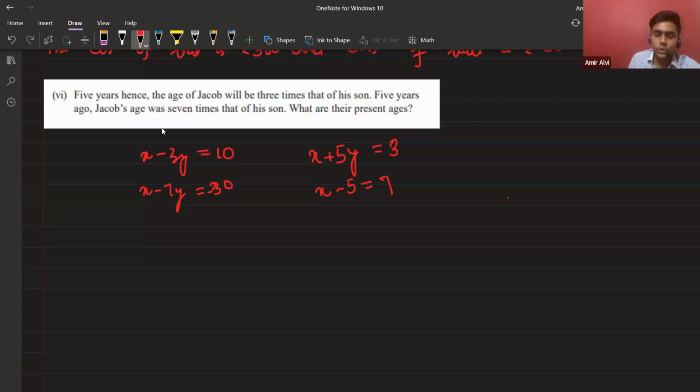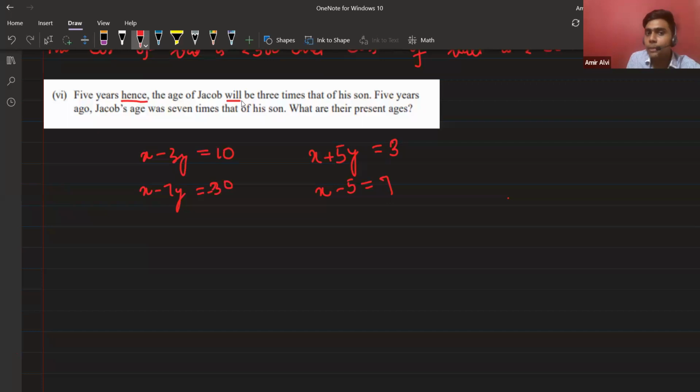Now tell me, the first question is saying simply, I told you to break the question into smaller parts. Whenever you see a word problem, break it into different parts, 1 line, 2 lines, and 3 lines, and extract the information from it. It's my fundamental. So the question is saying that 5 years hence, the age of Jacob will be, hence means it's talking about the future.